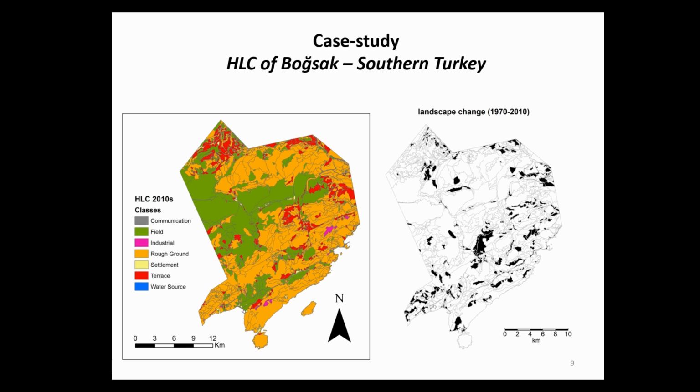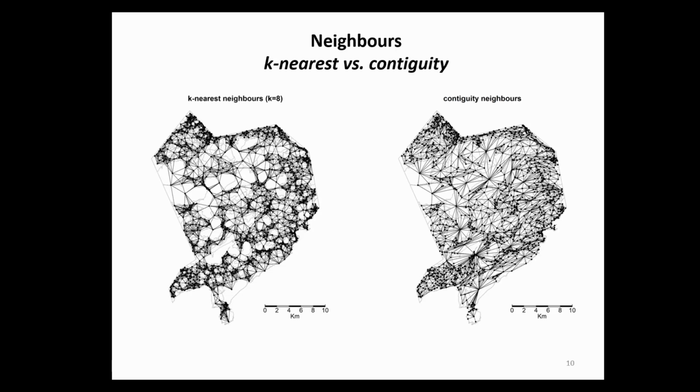And I've analyzed whether there is a spatial autocorrelation between these character types that changed over time, and whether this autocorrelation is clustered in specific areas of our case study. One problem that I want to describe in depth here is the problem of neighbors.